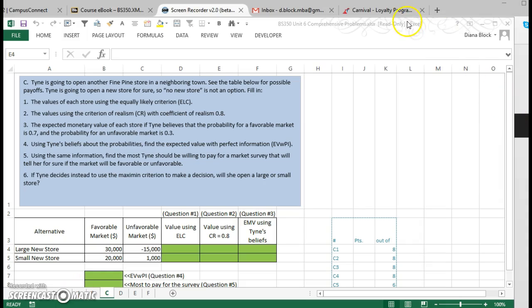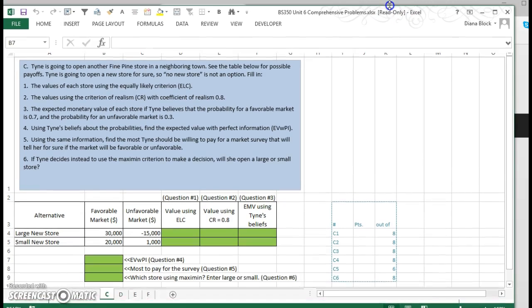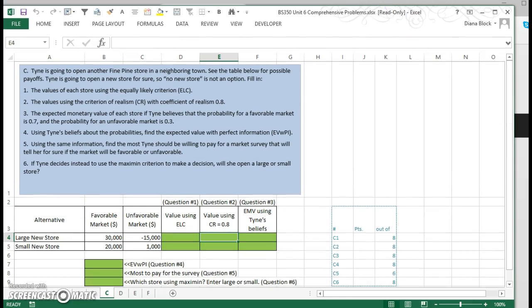So on problem C here, we are moving into some of the information in Chapter 3, decision analysis. So we've got some information again in the explanation of the problem in the blue box, and we're being asked for values using ELC. That's equally likely criterion.